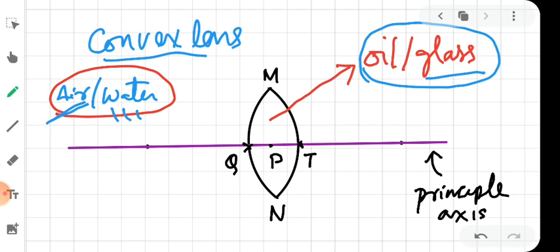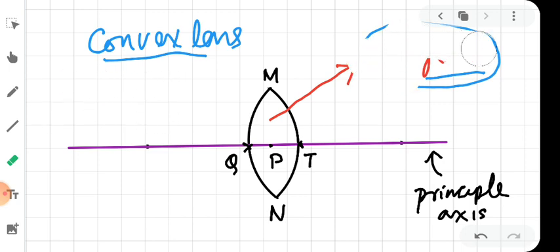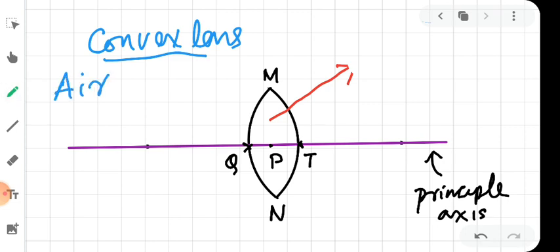In your higher studies, you might deal with other combinations such as water, glass, water, oil, air, water. Typically, what I'm trying to say is the outside medium is air, and the material of the lens is glass. So that's enough for you.